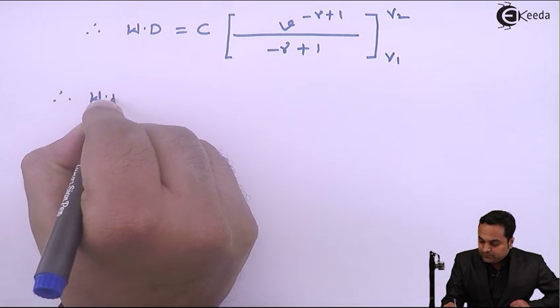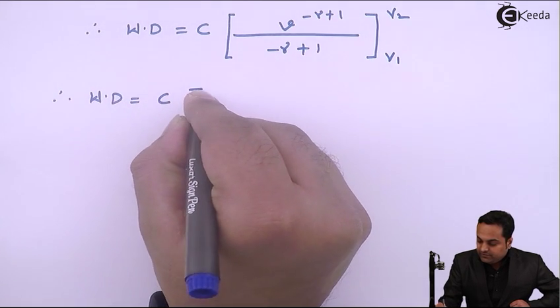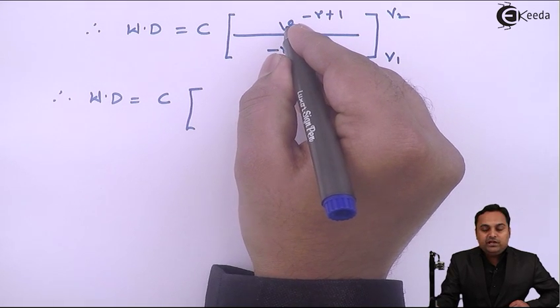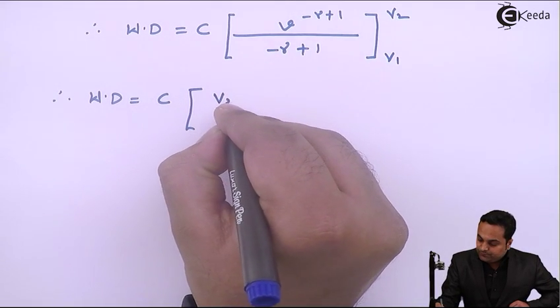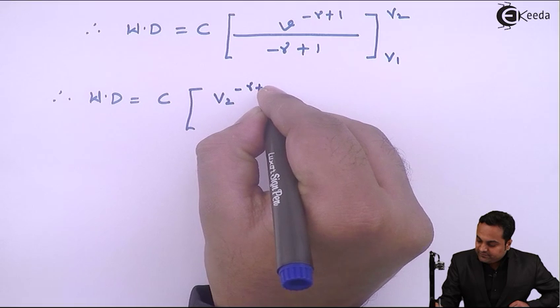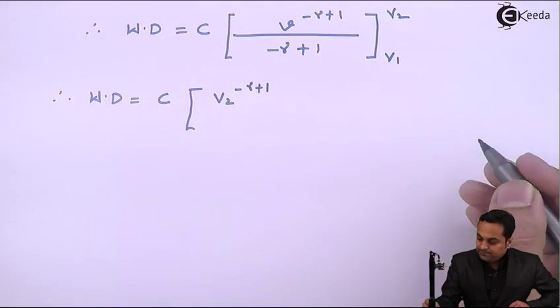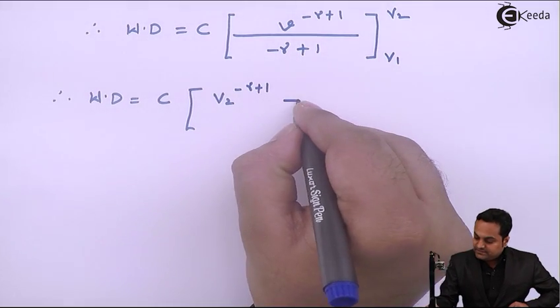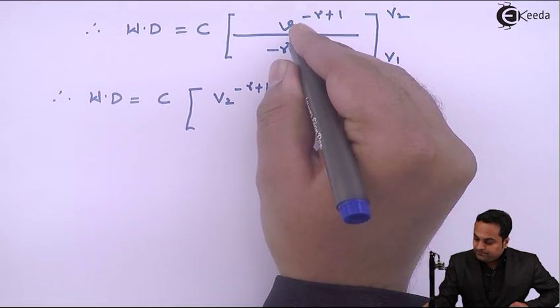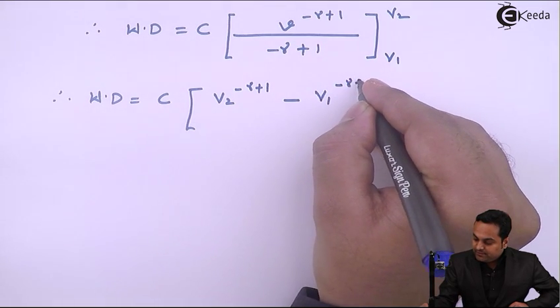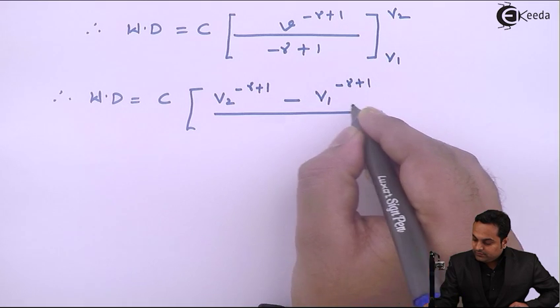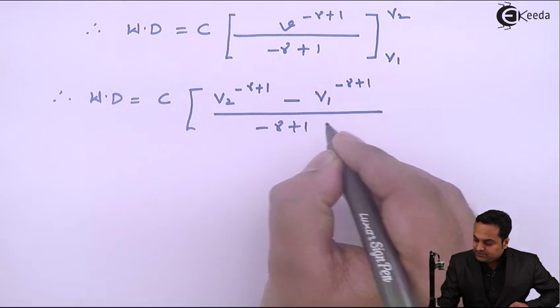So therefore work done will be equal to C into V2 raised to minus gamma plus 1 minus V1 raised to minus gamma plus 1 divided by minus gamma plus 1.